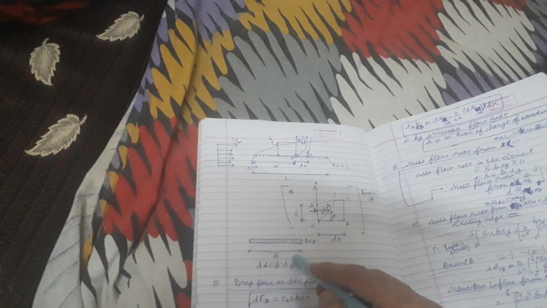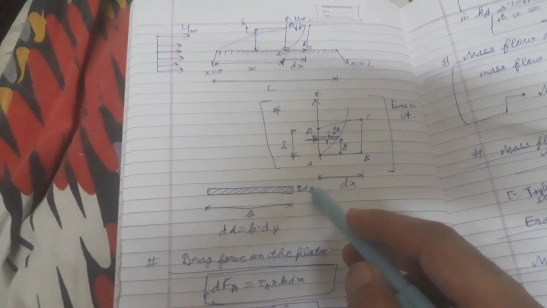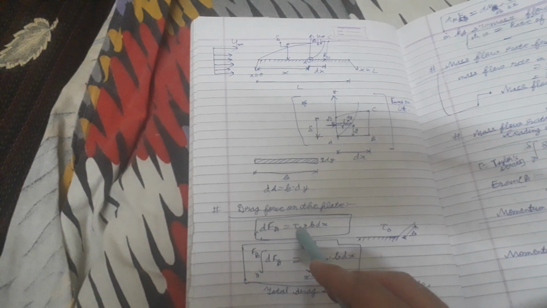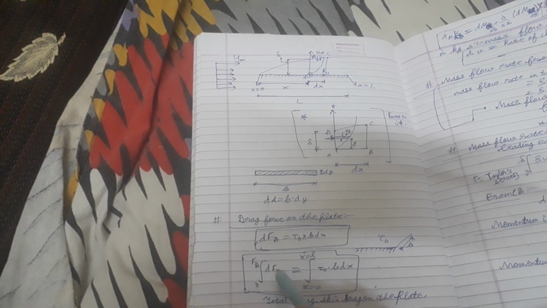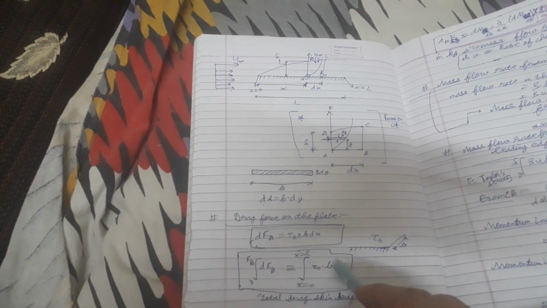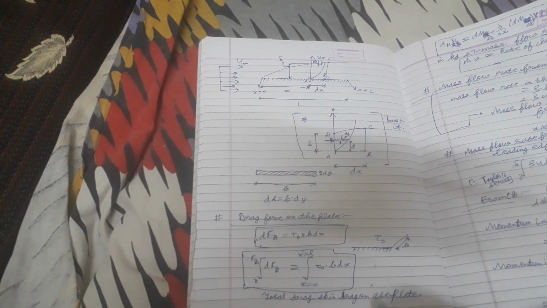Focus on the element ABCD with dx and dy, and width b. Then dA is equal to b into dy. The drag force on the element dFd is equal to tau naught into b dx. Integrating from 0 to Fd, dFd is equal to the integration from x equal to 0 to x equal to L of tau naught into b dx, the total skin drag on the plate.